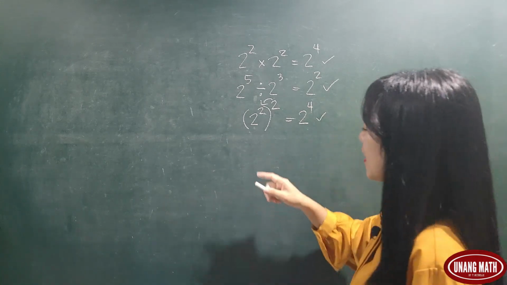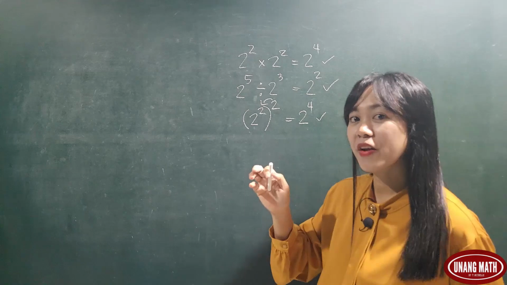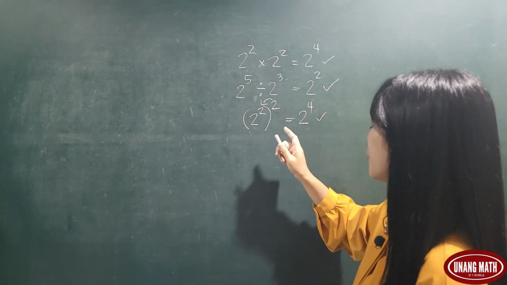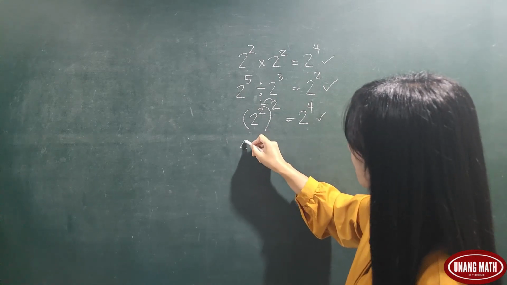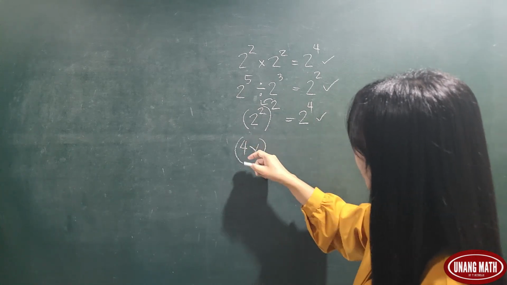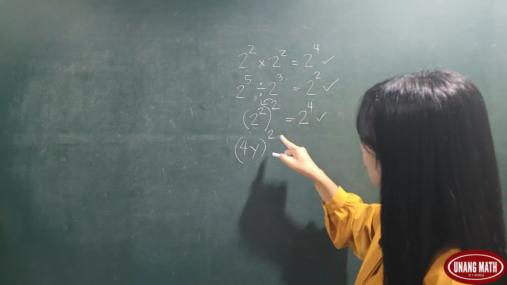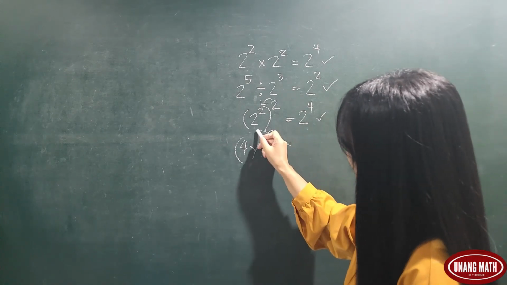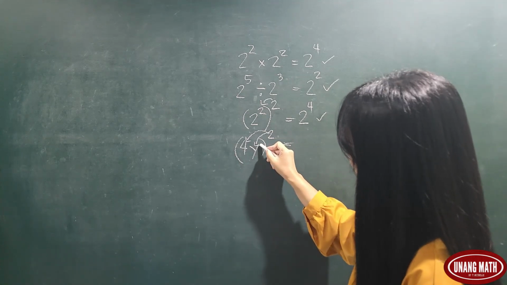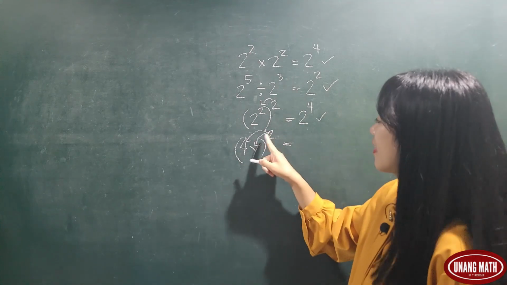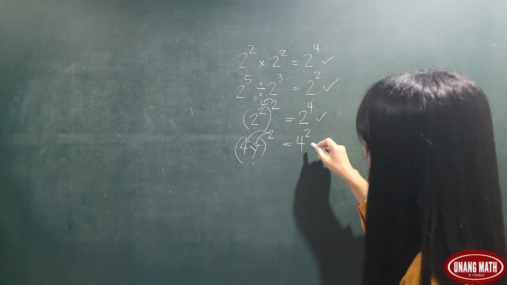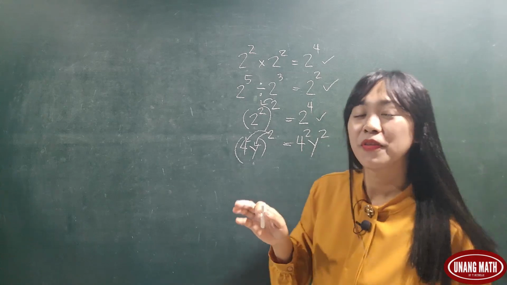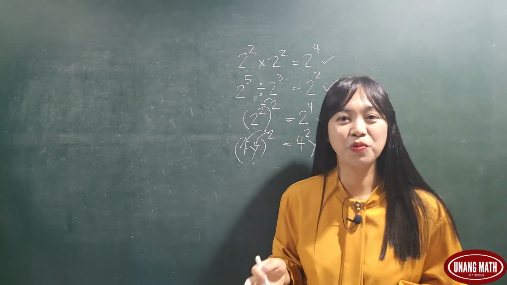And lastly, if a number or expression is inside the parentheses and it's raised to a certain power, let's say, for example, 4y inside the parentheses, and it's raised to the power of 2. What we need to do here is just distribute this exponent to each number inside the parentheses. So this is 4 squared, y squared. So these are the 4 basic exponent rules.